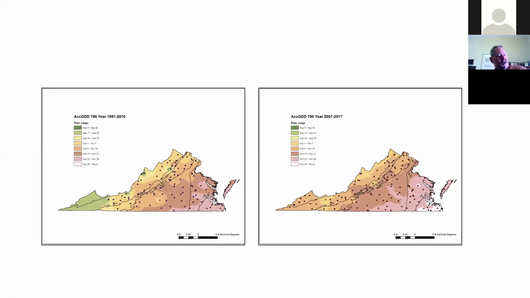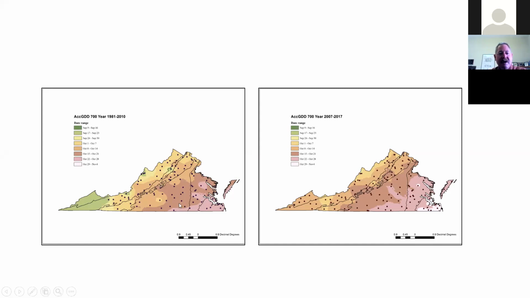But the first thing I wanted to talk about was planting date. For those of you that have heard me talk about this in the last year or so, you will recognize these slides. On the left-hand side, if you go to the date of December 31st and back up into the fall to the point at which you would accumulate 700 growing degree days, that's fully tillered wheat.